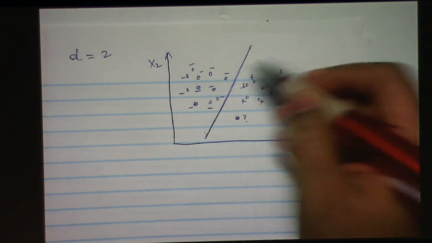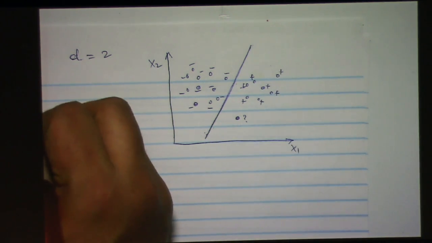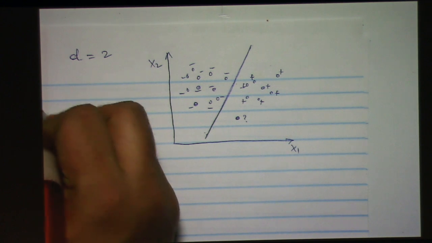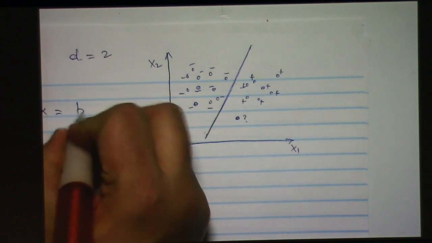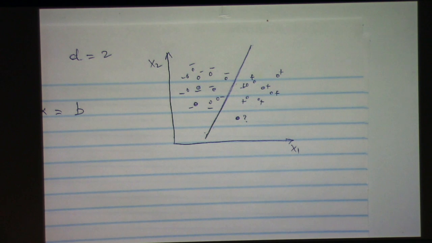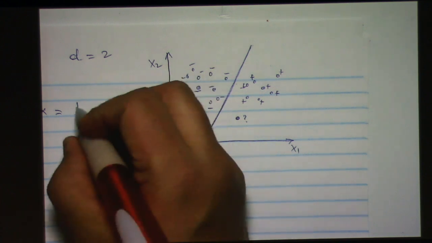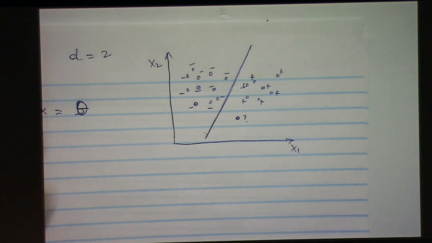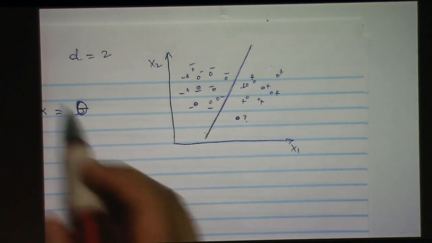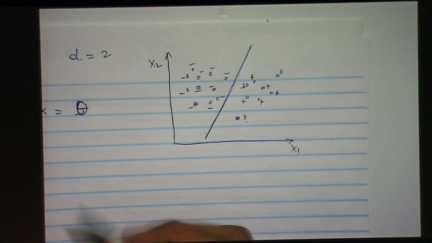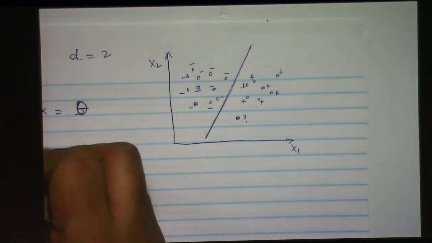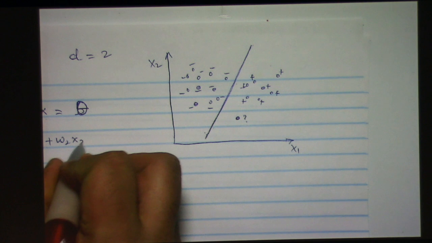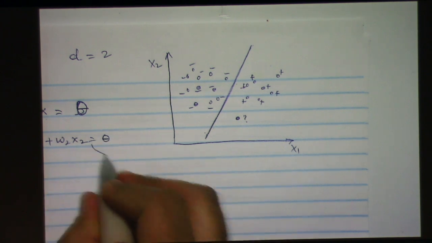We are going to denote the equation of our line as W transpose X is equal to some B, a standard way of writing it. I use theta here. W transpose X is equal to theta. W transpose X is just a mathematical notation for dot product, which essentially means W1x1 plus W2x2 is equal to theta. So that's the equation of this line.